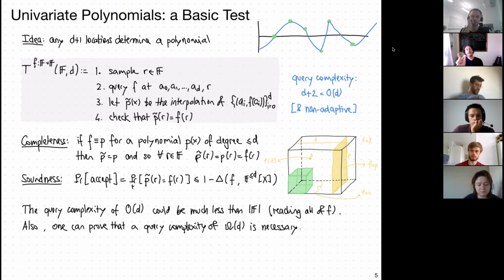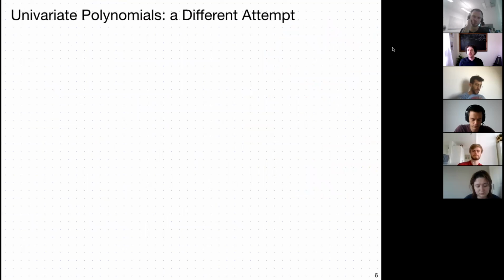So it's not that I query the first location and then I see 7, and based on that I choose which other point, but rather I'm picking all of my queries to begin with. The reason to care about this non-adaptivity is because it's a desirable property, and later you'll see that we'll need it for some transformations and things like that. So this is just a side comment.